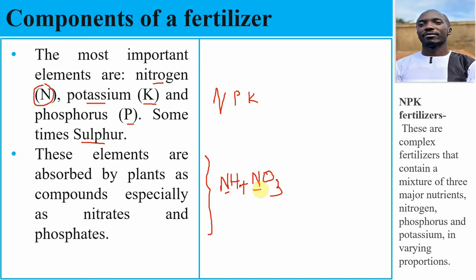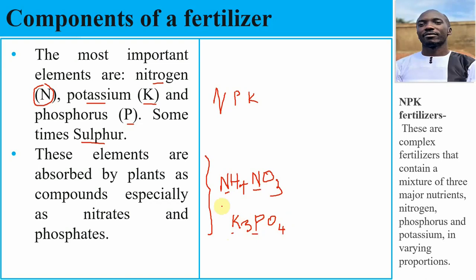So we are using a compound to provide a certain element, which is nitrogen. Or we can also use, maybe, potassium phosphate, which can provide potassium, and it can also provide phosphate.